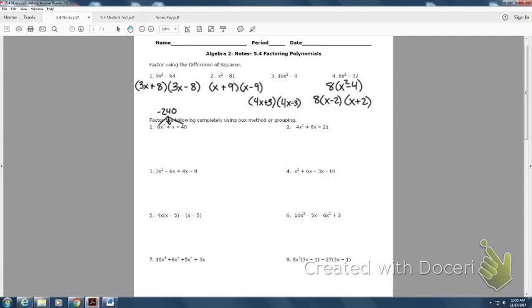If you're not good at this part of the box method, this little trick might help you out. Or even if you are good at finding those factors, if you have a large number like this, I would recommend doing it this way. This is how I would do this one. In y equals, I want you to put negative 240 divided by x and go to the table.